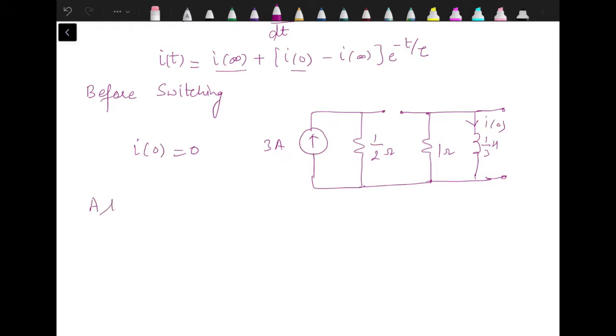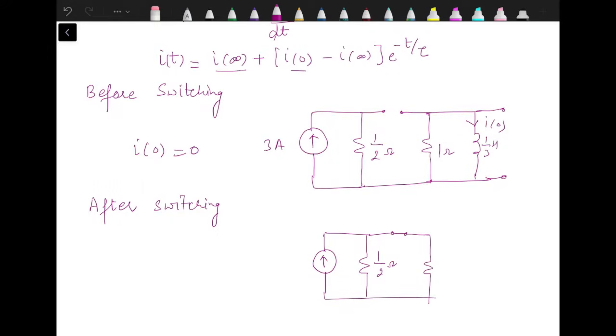Next step is we have to calculate i infinity from after switching conditions. After switching, now the switch is closed. We have two resistances connected in parallel and they are in parallel with the inductor across which we have to find out the voltage.